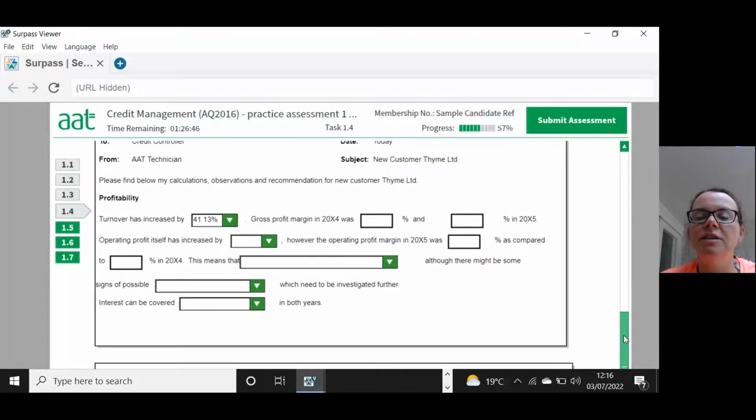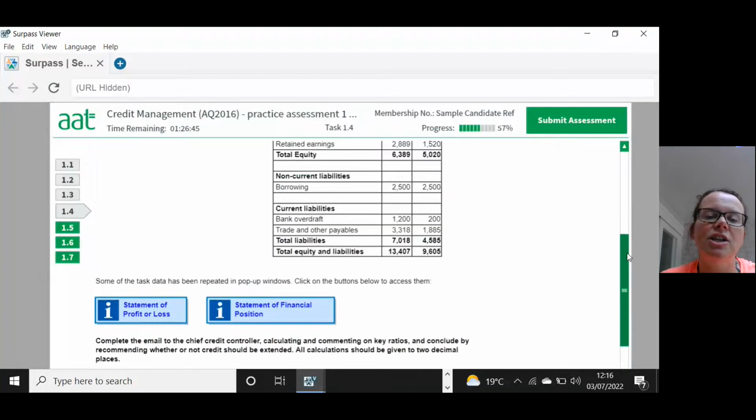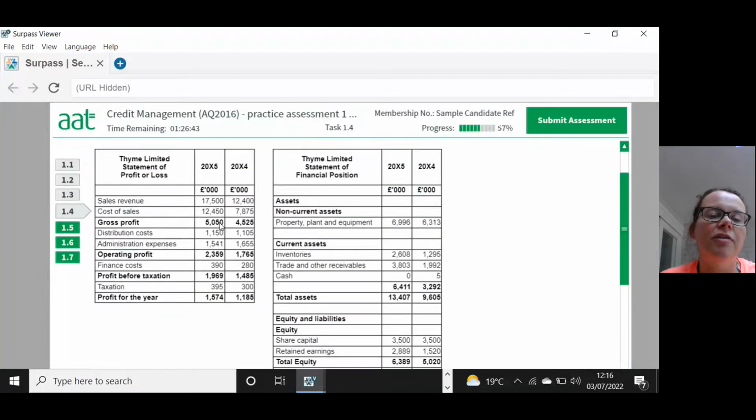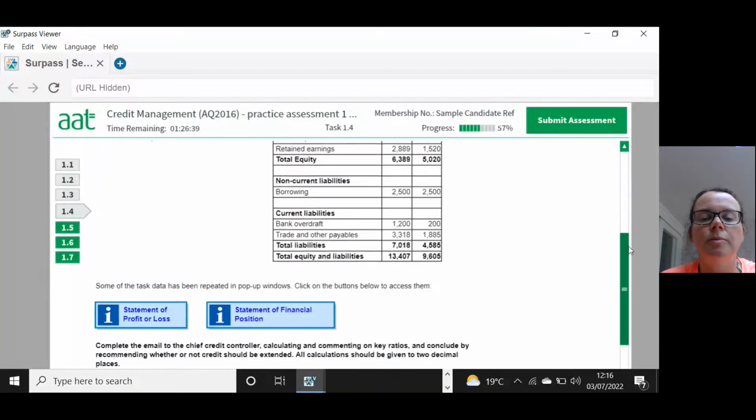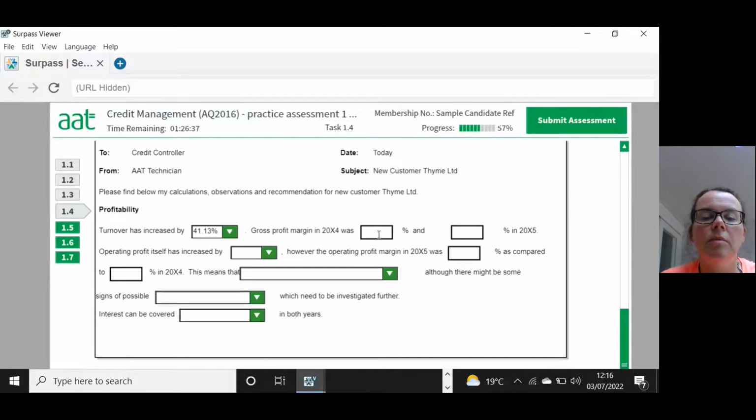Gross profit margin, so just a straight calculation of a gross profit margin, gross profit divided by sales revenue. For 20x4, and for 20x5.